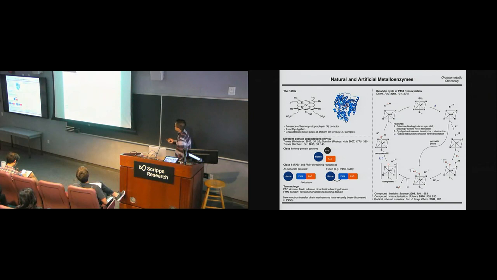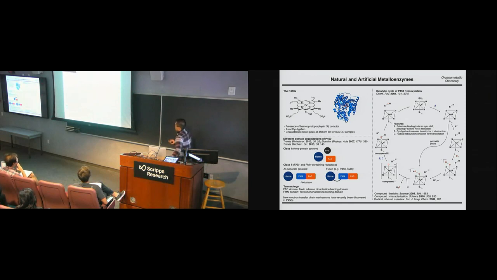So the ferrous species would first react with dioxygen to generate a ferric superoxo species down here. And then another electron delivery coupled with a proton transfer would generate the following ferric hydroperoxo species that's also commonly called compound 0.